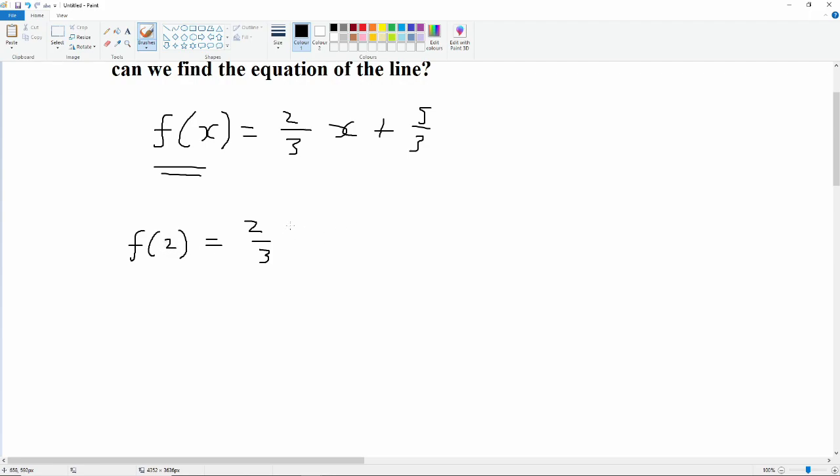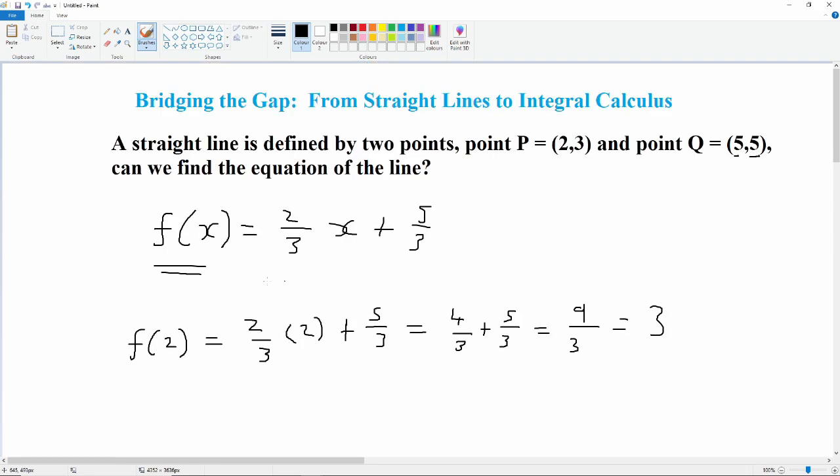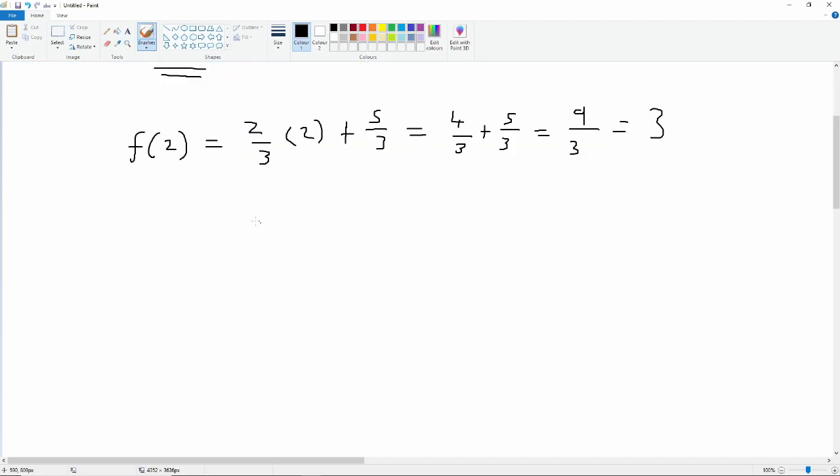So this is 2 over 3 times 2 plus 5 over 3. Well, that's equal to 4 over 3 plus 5 over 3, which is equal to 9 over 3, which is of course equal to 3. So when x is 2, f of x equals 3, which is as we would expect. And we can do the same with f of 5.